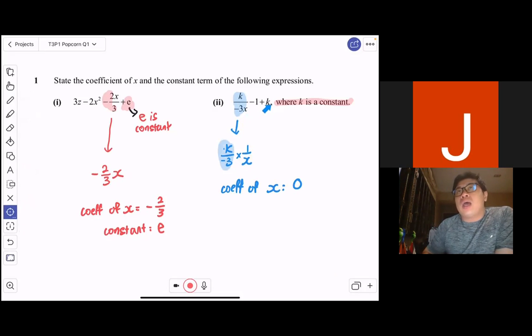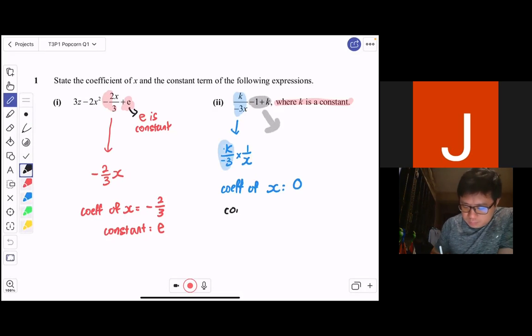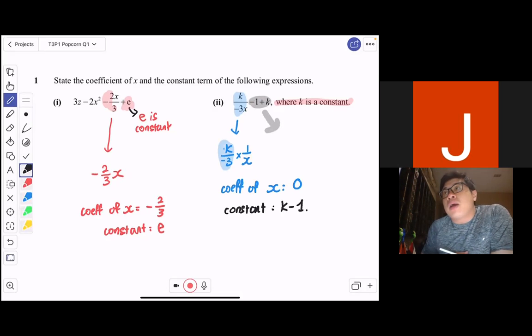Okay. And what is the constant? Constant terms, again, like I said, are terms that are not paired with any x terms, any variable terms. So negative 1 plus k, if you realize, this is the constant term. So the constant term is actually equal to k minus 1.